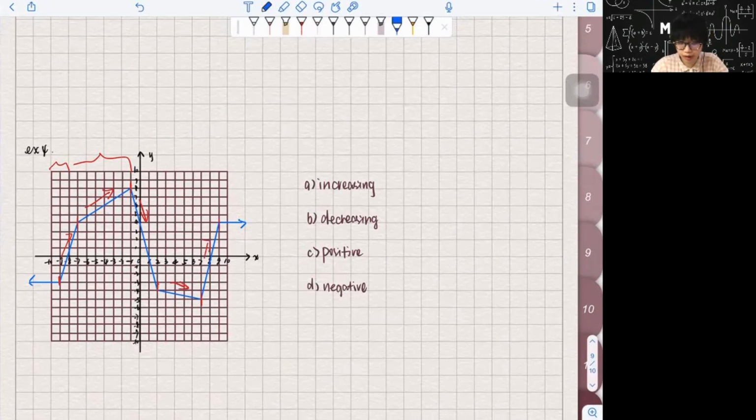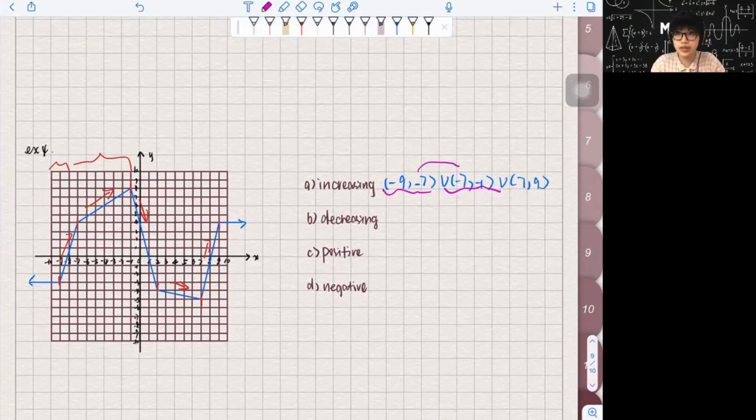So the increasing parts are from -9 to -7, and from -7 to -1, and from 7 to 9. Pay attention here. This part and this part, we can combine them together.